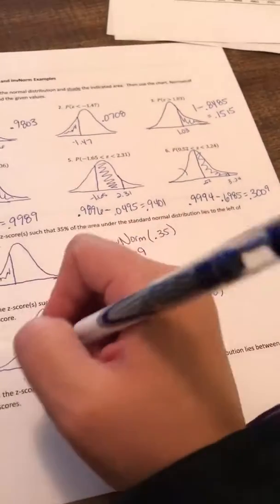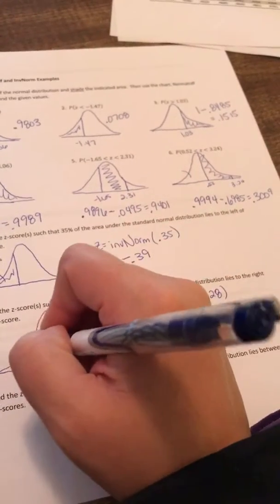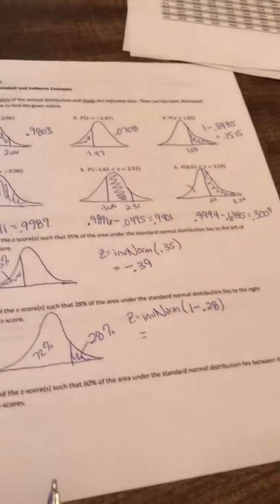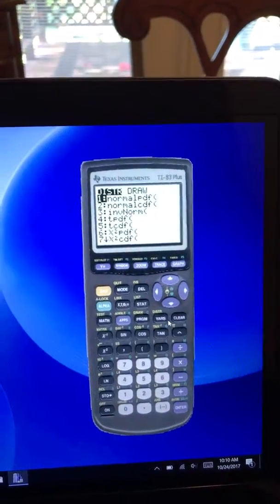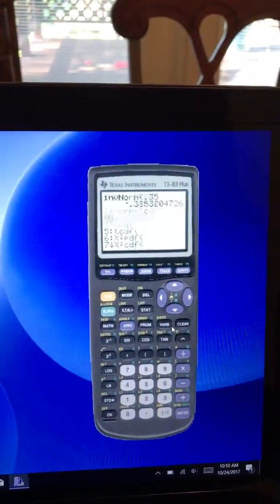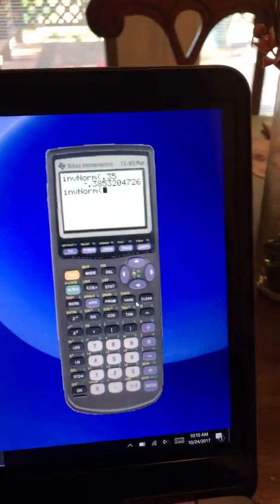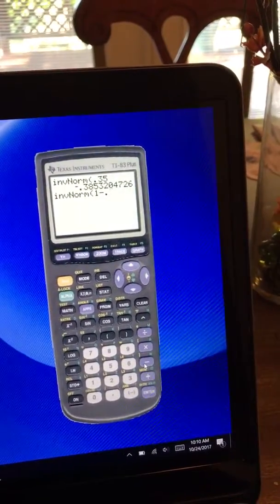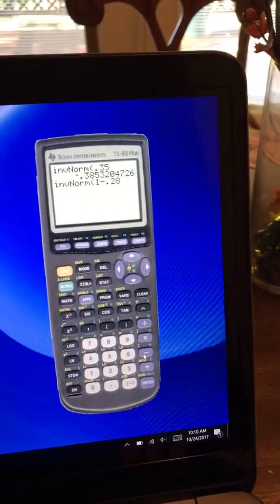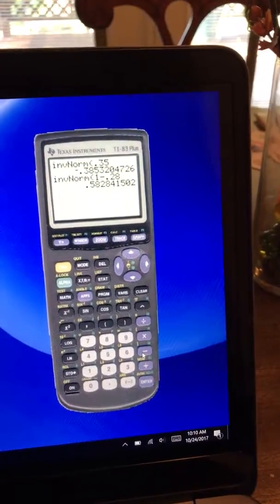Or you could, if you know, because if this is 28%, this would be 72%, so you could just type in 0.72 instead. Either one. So go to second vars, choose number 3 still, and then 1 minus 0.28, or you can type in 0.72. And you should get 0.58.